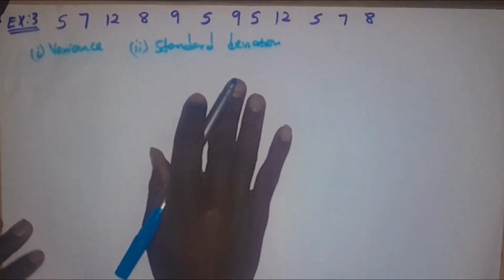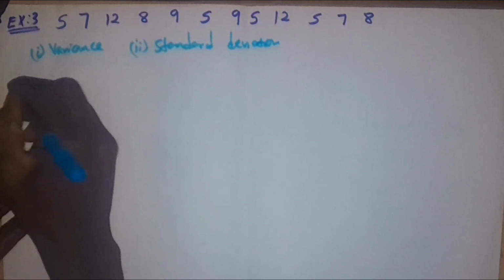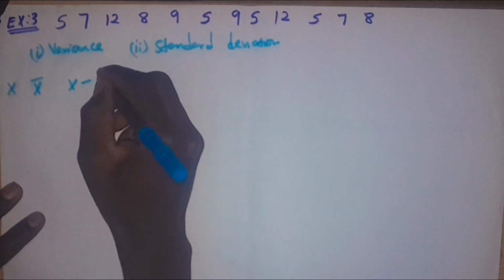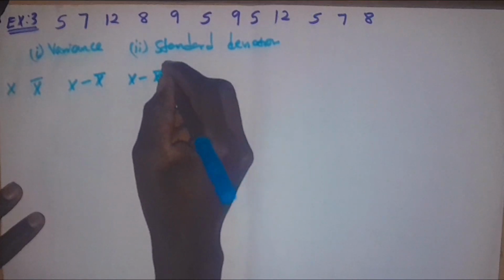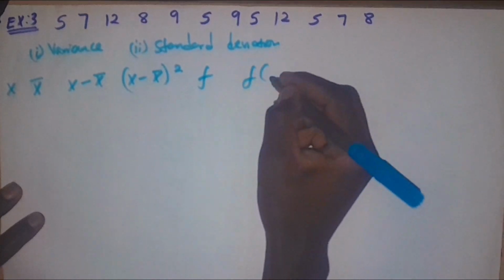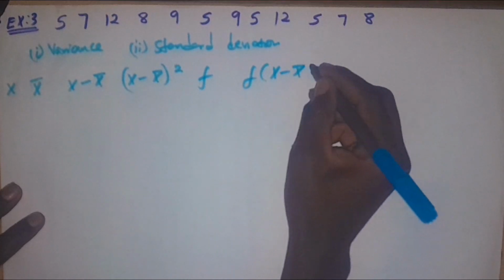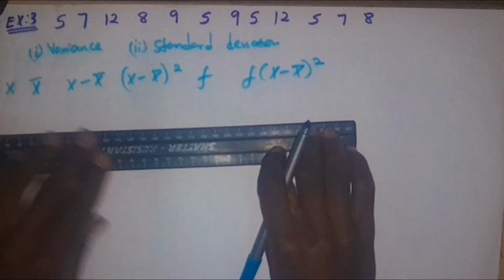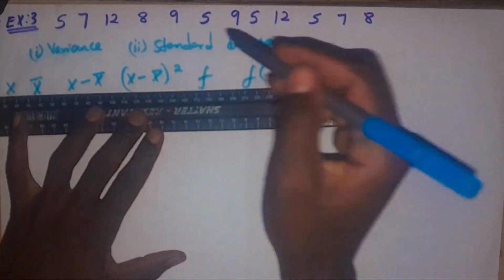So what we're going to do is draw our table as usual, like this. And we are going to include our frequency, and then frequency multiplied by the deviation, and deviation squared.